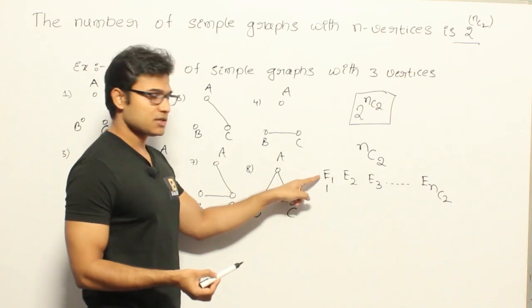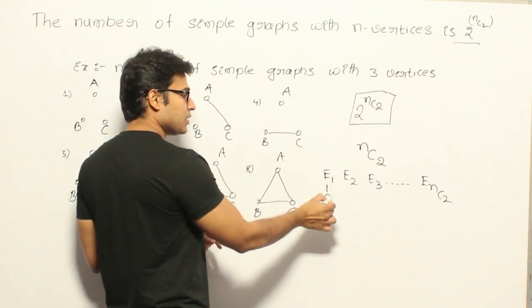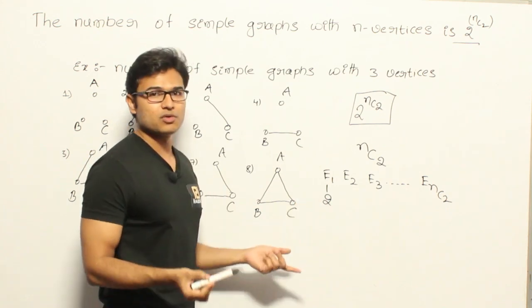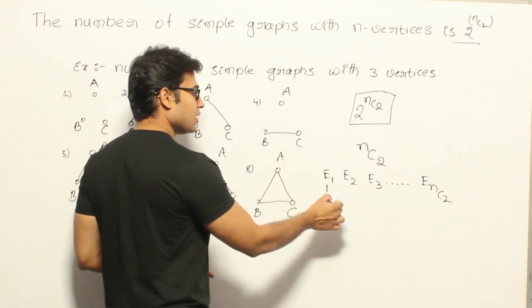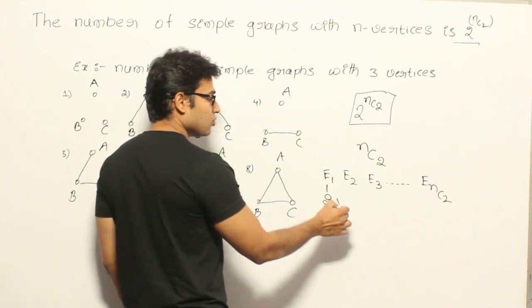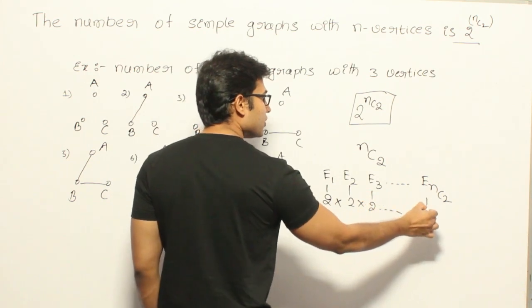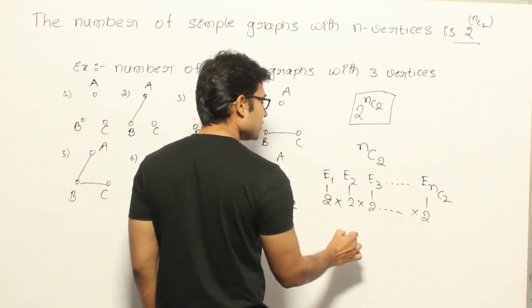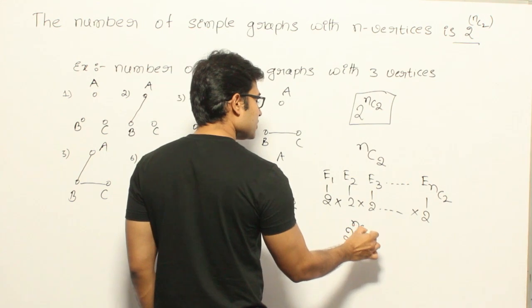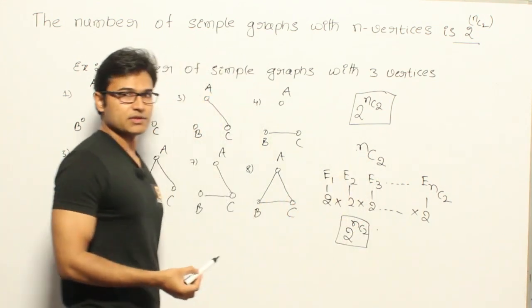Therefore each edge gives us 2 possibilities, right? One is include it and form a graph, the other is don't include it and form a different graph. So 2 into 2 into 2 and so on into 2. What does it mean? 2 power nC2 is the total number of graphs possible with n vertices.